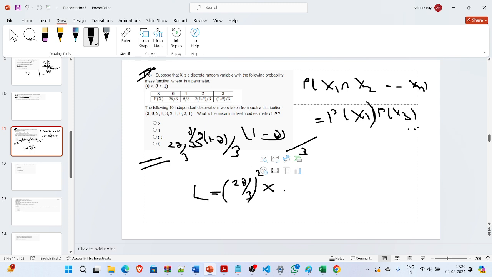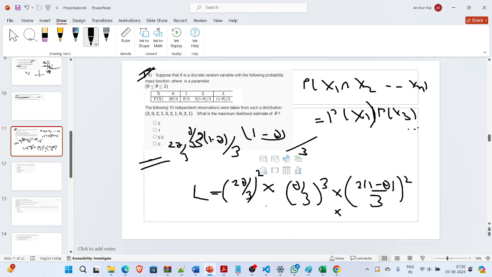So for one, what we'll get is theta by 3. See that one occurs 3 times, so this is going to become a cube. Then what is going to be 2? There are 3 times, 3 theta by 3. Power is 3, correct.